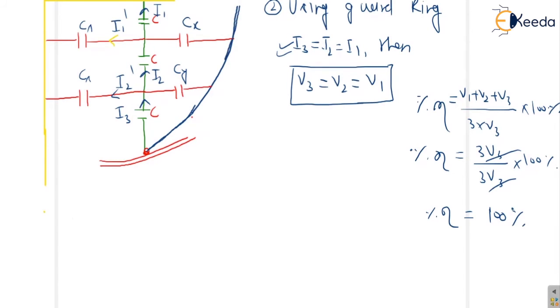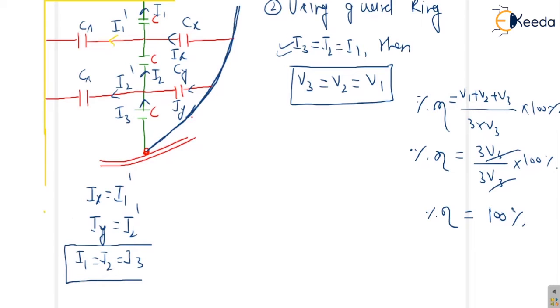We maintain the distance of the guard ring so that if Ix current and Iy current are coming, Ix should be equal to I1 dash and Iy should be equal to I2 dash. If these things happen, then we can get I1 equal to I2 equal to I3.